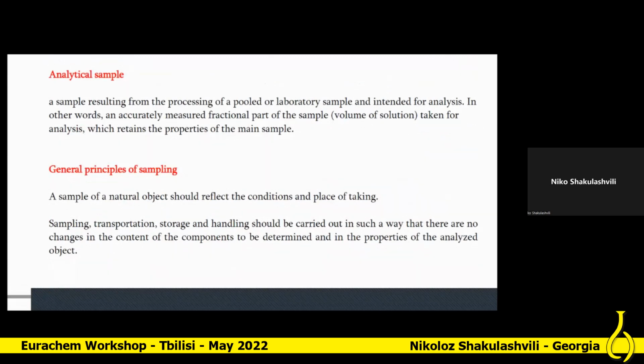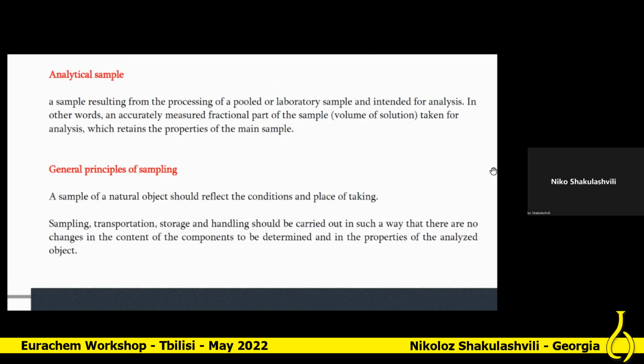And that process should be taken into account when planning. When it comes to sampling, transportation, preparation for analysis, this process shall be carried out in such a way that these factors do not affect the composition or characteristics of the sample. We are talking about physical or chemical or other characteristics of the sample, and they shall never change.